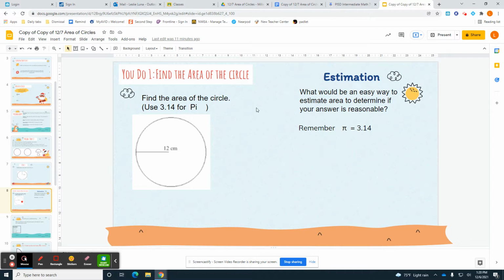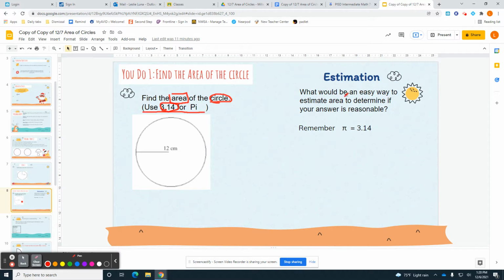So you're going to find the area of the circle. So here it tells you you're going to find the area. That is your keyword, because it tells you what formula to use. You're going to use your formula for area of a circle. That's an important word. And an important number is 3.14, because that's what you're going to use for pi.